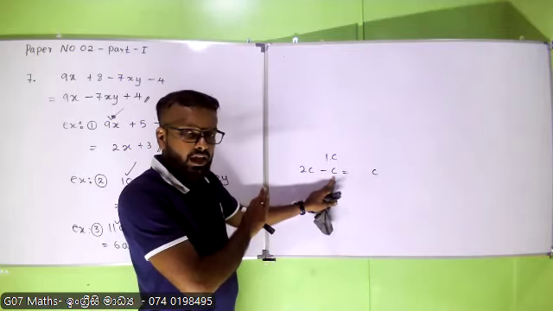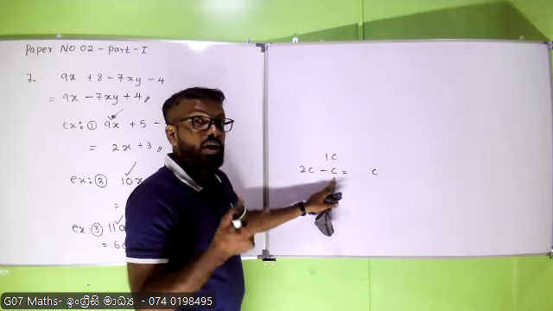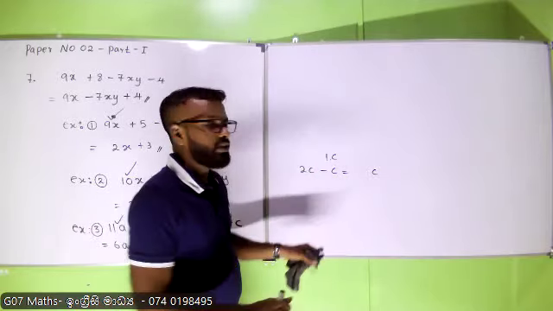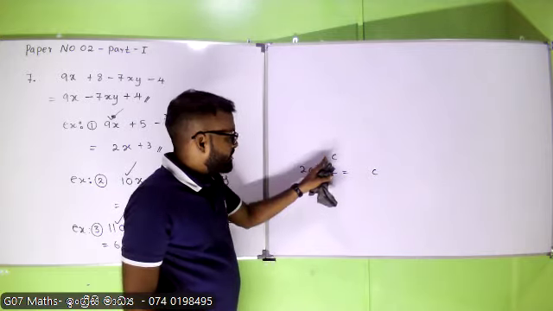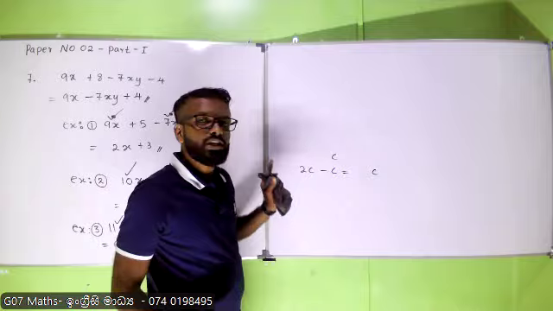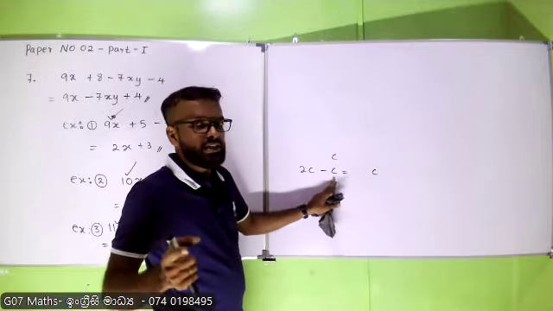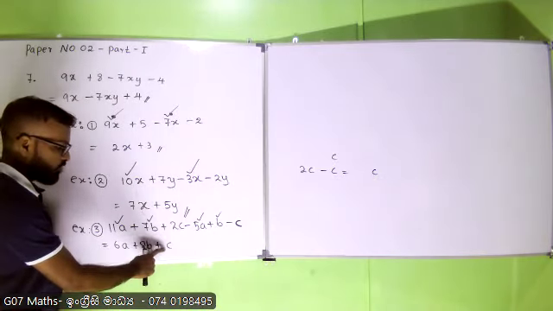That is okay, but not up to standard. Make it standard. 1c equals c. 1 times c is c. So keep it as c. Your final answer should be c, not 1c.